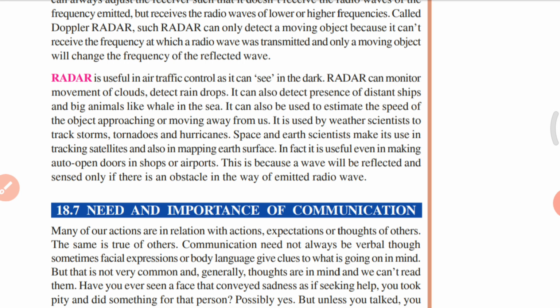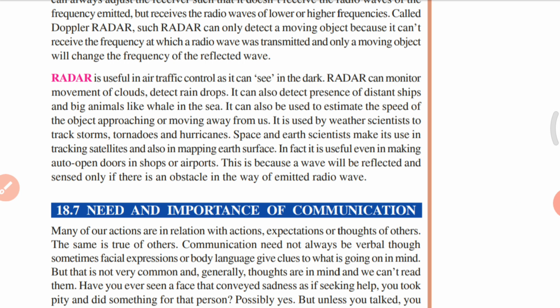After entering the shop, when we go away from the door, it will close. Because it can identify whether the object is moving away or near to it. So if we go near the door, it opens. If we go away from the door, it closes. We use radar, radio waves, for this purpose.